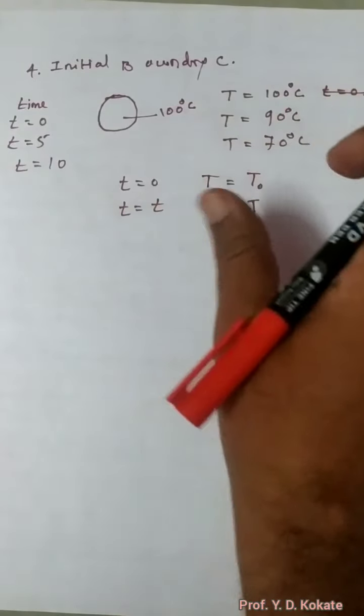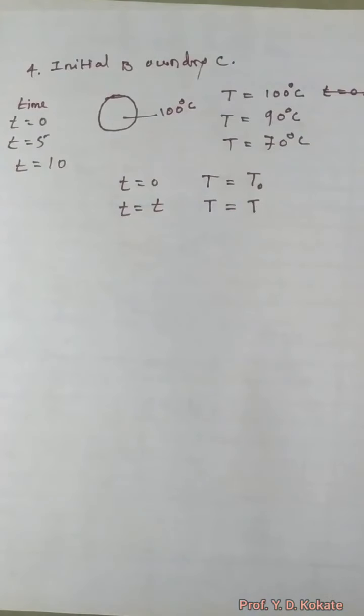This kind of condition is known as the initial boundary condition, which we require in the case of transient heat transfer, also known as unsteady state heat transfer.